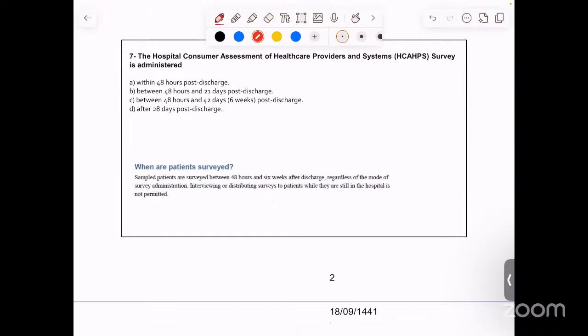The HCAHPS survey is conducted between what? Between 48 hours and 42 days, or 6 weeks post discharge.